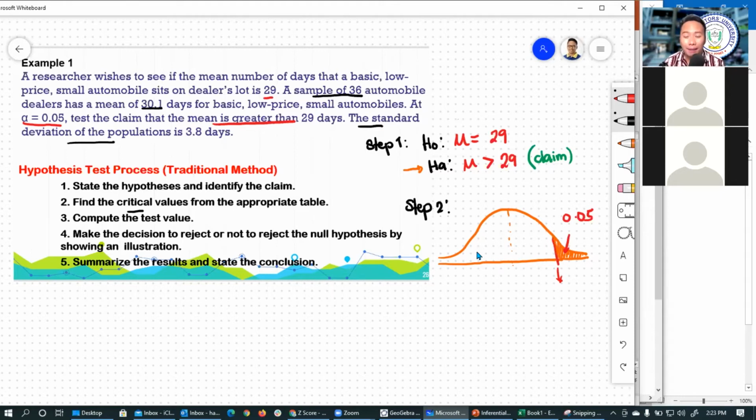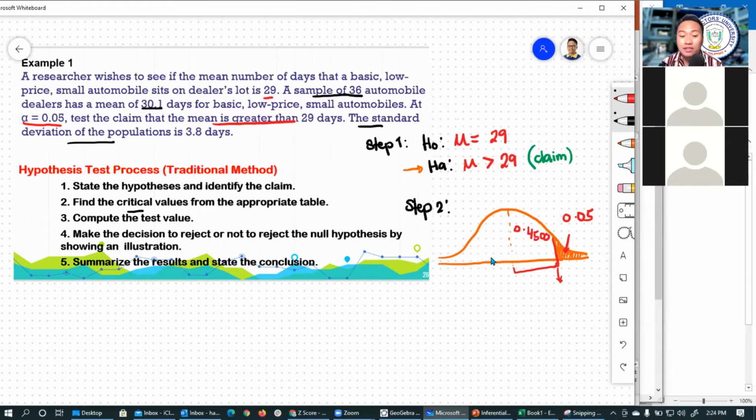If this is 0.05 here, what is the area of the unshaded region? In other words, the region that is not shaded. If you get your calculator, half of the normal curve is 0.50, minus 0.05, your answer is 0.4500. That is the area of the unshaded region.